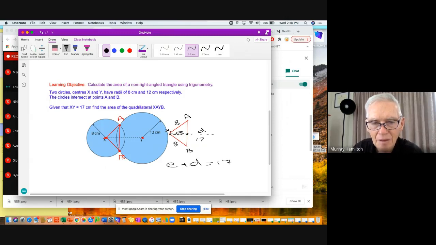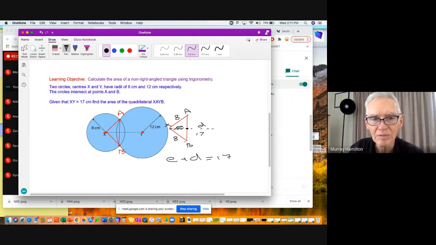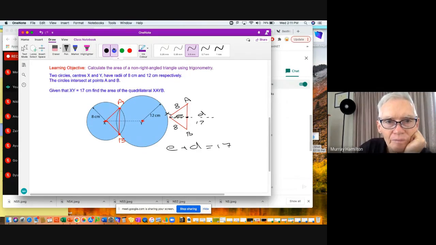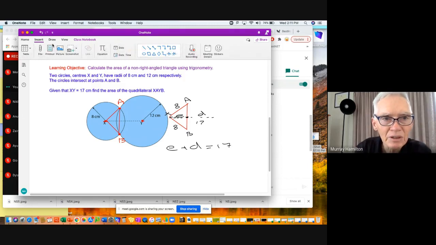So I've chosen a pretty hard one to start off with, but at least we've got a triangle, and at least we've got 2 sides. So let's draw the other triangle in that. Can we see another triangle in that? Hopefully you can. I'll do a different color. Maybe I'll do this one in green. And we'll put the lines in, and we've got AY.